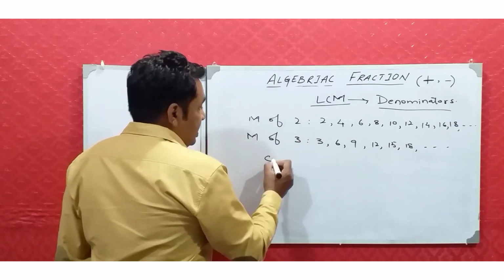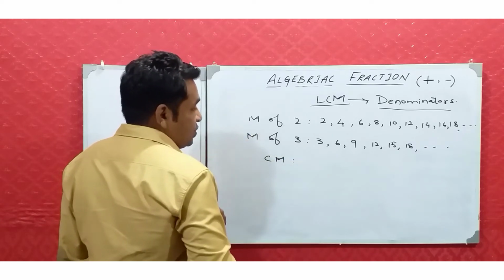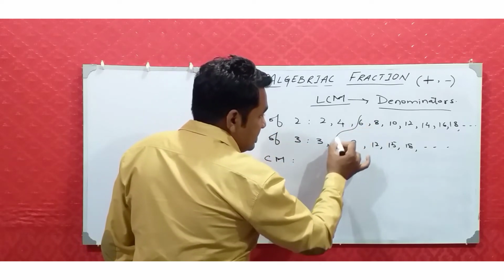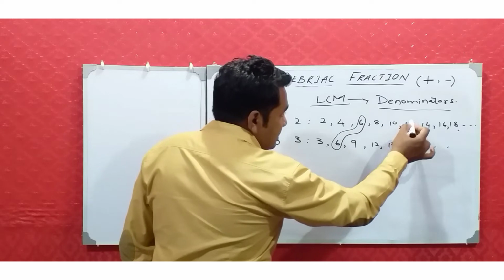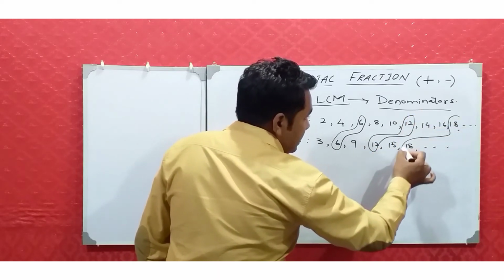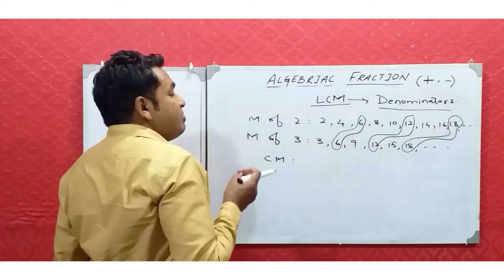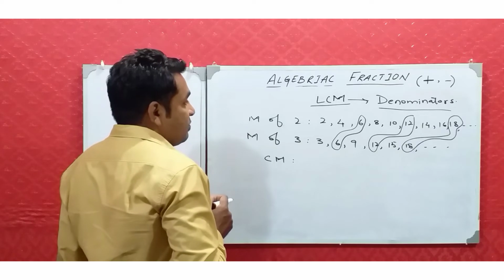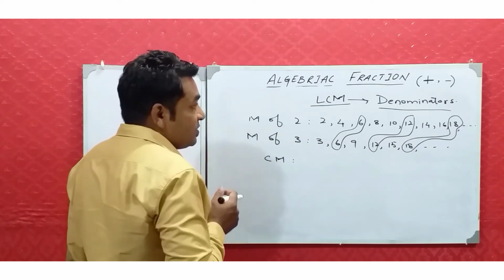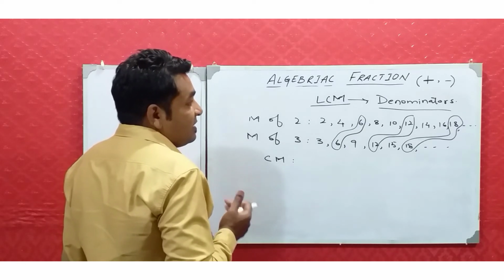Now the common multiples of 2 and 3. The common multiples are 6, then 12, and then 18, and 18 is not the last multiple. There are many more multiples of 2 and 3 which are common. After 18 we have 24, then after 24 we have 30.